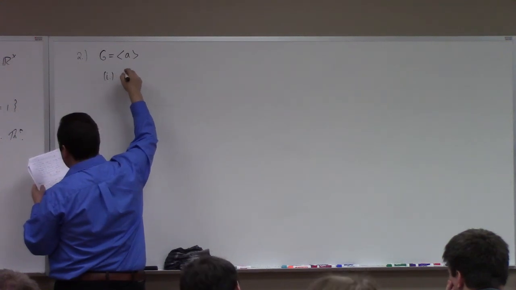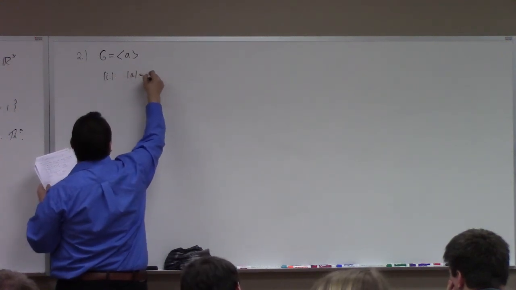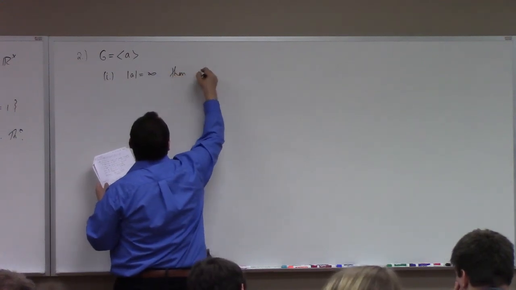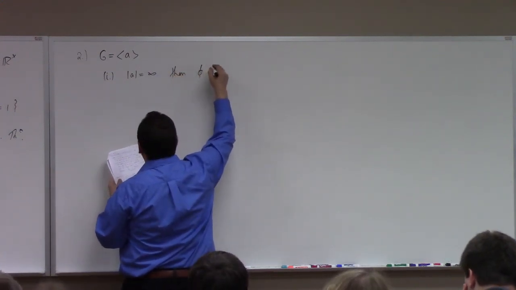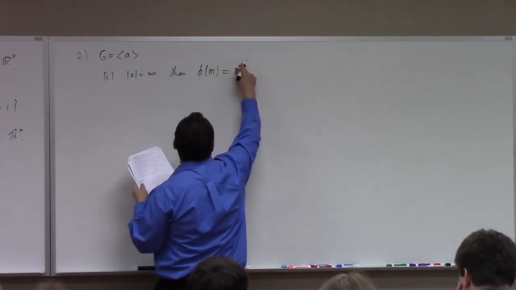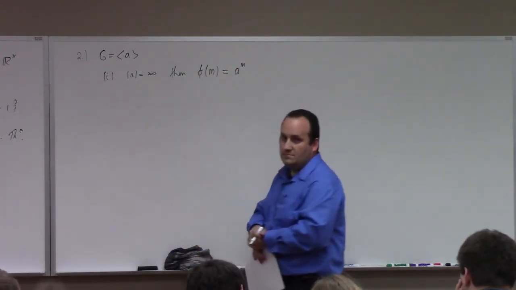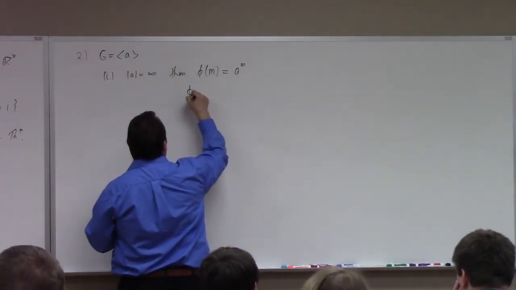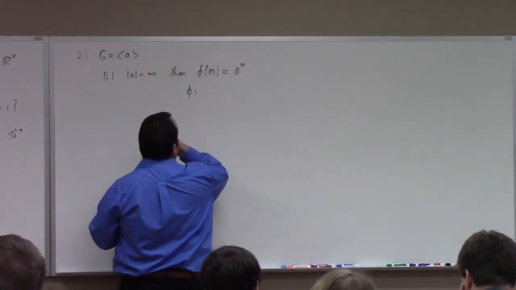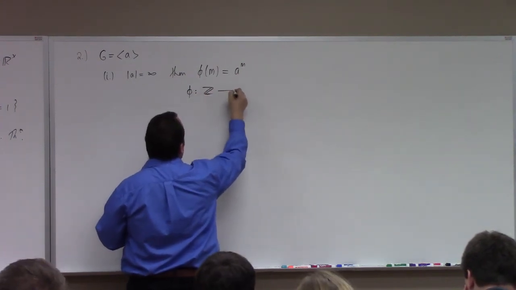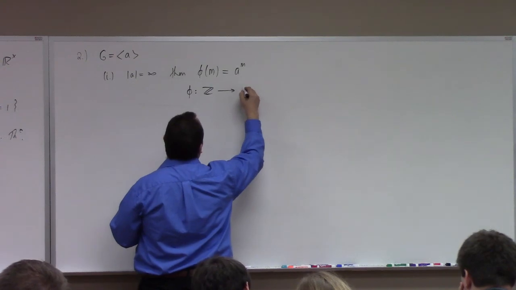Subcase 1 is that the order of A is equal to infinity. Then you can define phi of m equal to A to the m. Notice this mapping is a homomorphism from the integers to G.